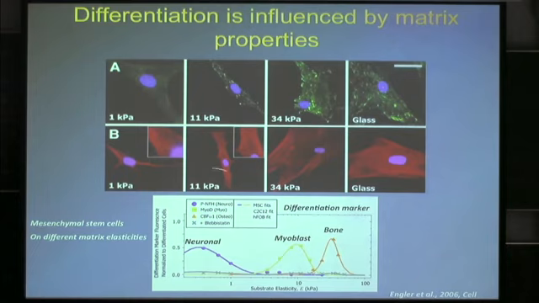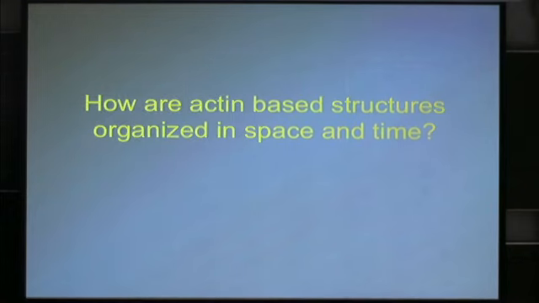For example, Engler et al. showed that mesenchymal stem cells express specific differentiation markers depending on the matrix elasticity they are cultured on. On softer, less rigid matrix, neuronal markers were more upregulated, whereas on very rigid matrix, markers typical for bone cells were upregulated. So this was quite interesting.